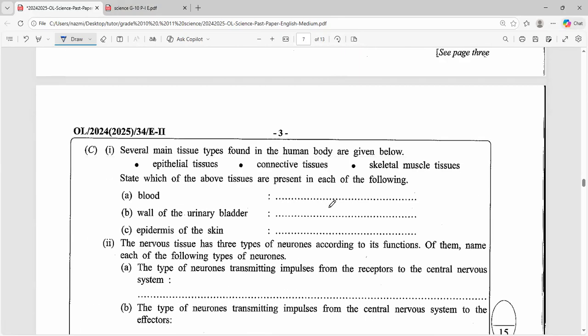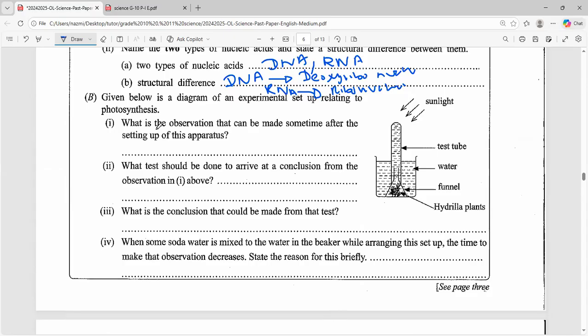Now the B part, is it photosynthesis? What is the observation you can see after some time? The first one asks what observation can be made after some time of setting up this apparatus: the evolution of gas bubbles.